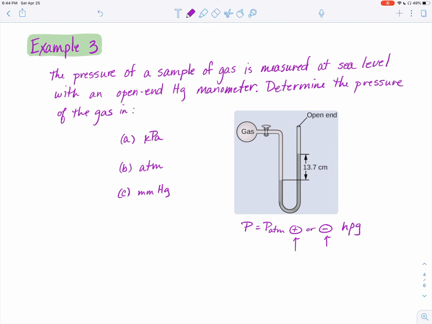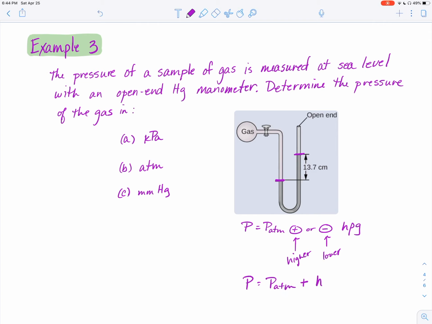If the two tubes, if the height on the left is lower than the height on the right, so the pressure on the open-ended part of the tube is higher, then you're going to use the plus sign. If it were lower, you'd use the minus sign. So we're going to rewrite this equation to look like this.